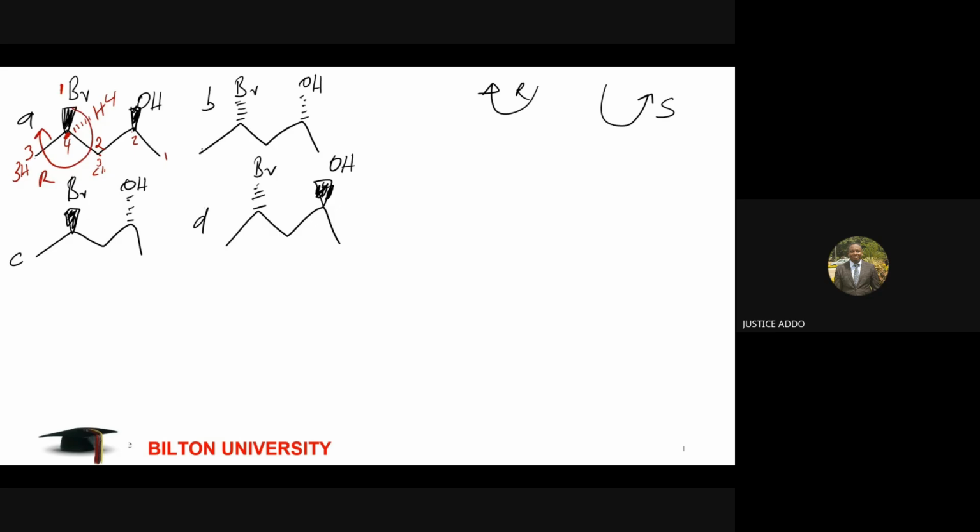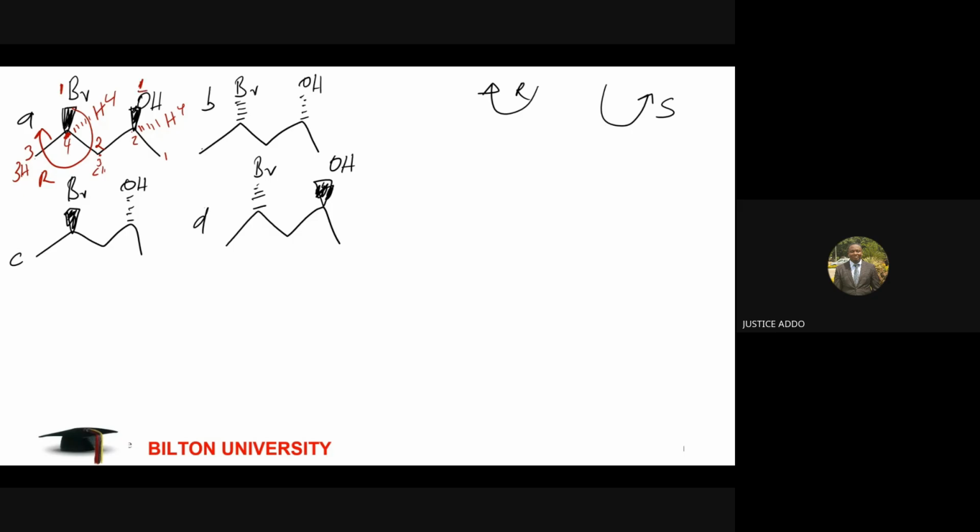Let's look at carbon number 2. Still the OH is in the front, and therefore our hydrogen, which is the lowest priority, is at the back. So let's look at oxygen, carbon, and carbon. Which one is the highest priority? It is oxygen. So this is going to be our priority number 1.